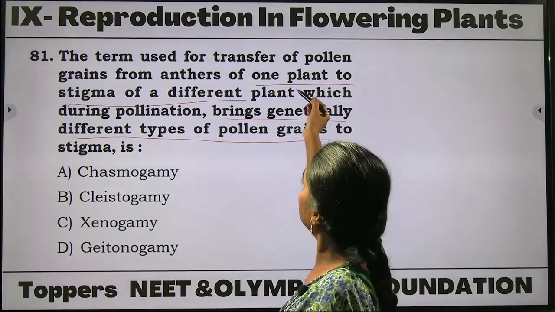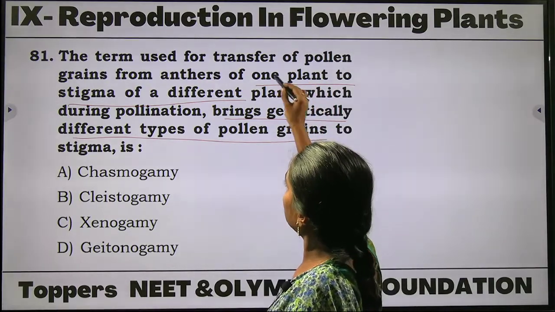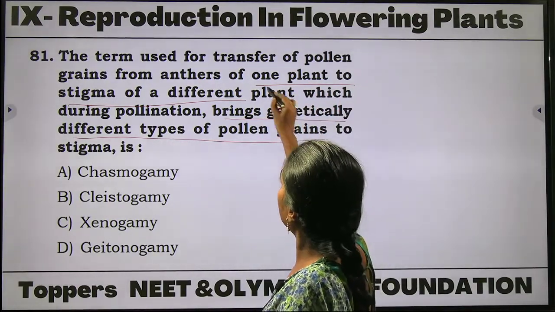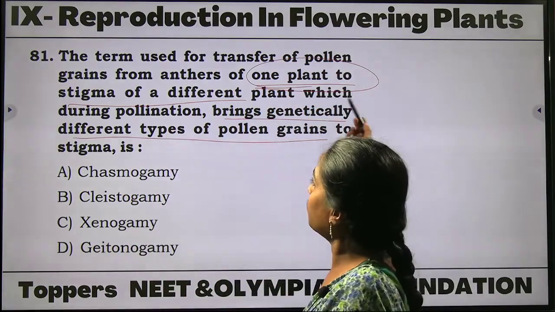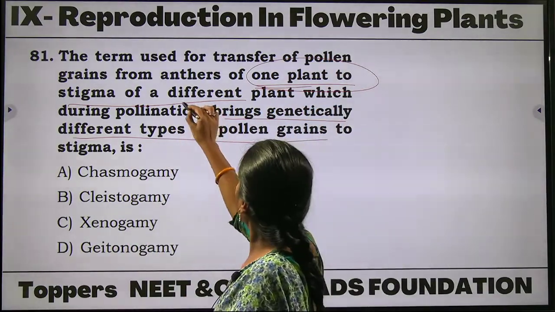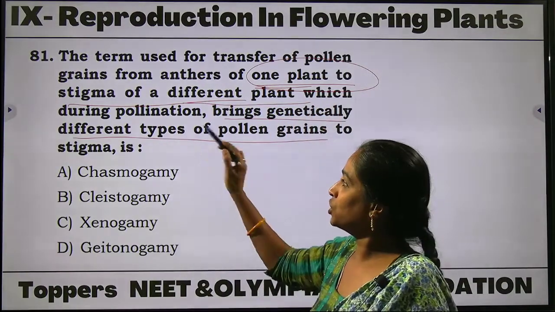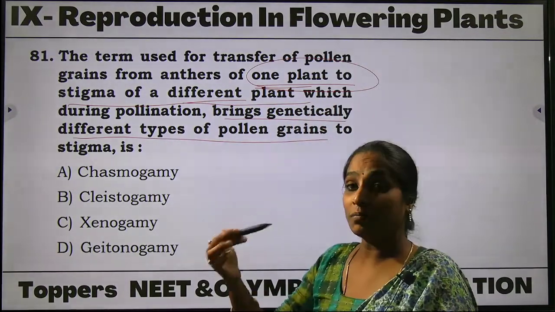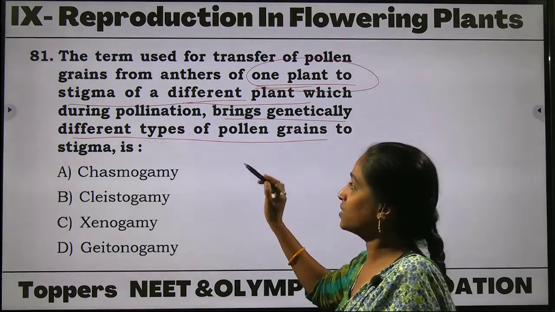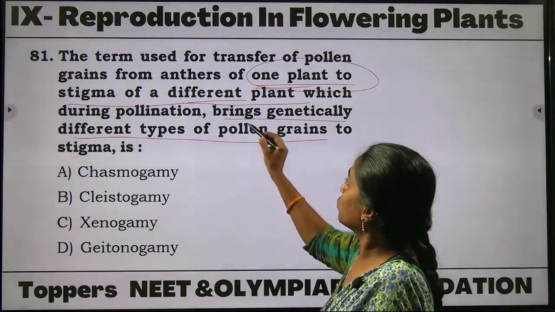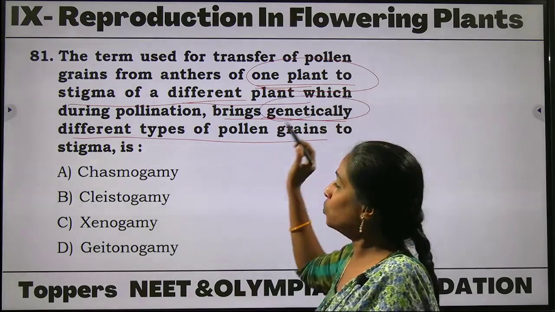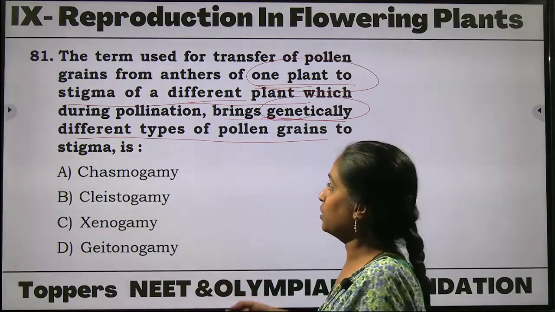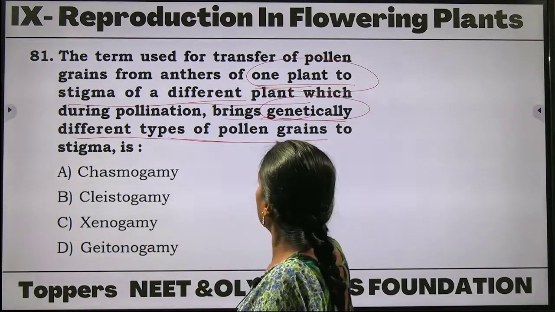But here we are observing transfer of pollen grains from the anthers of one type of plant to the stigma of a different type of plant. If this process occurs between different types of plants, it brings a kind of change, new genetically different types of pollen grains being formed.